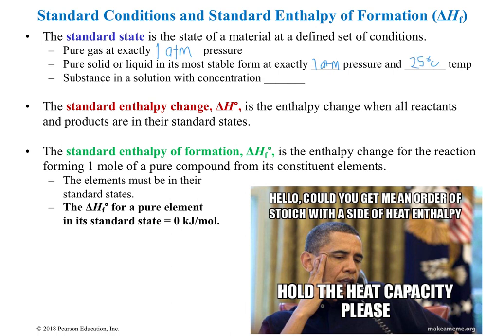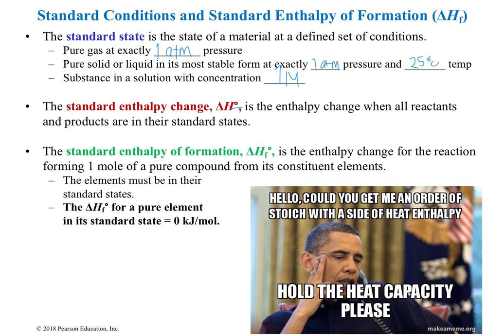And if we are in a solution, it's going to be in exactly 1 molar concentration. How we denote that something's in the standard state is by putting a little circle up above. So that little circle right here shows us that we're dealing with enthalpy in the standard state.